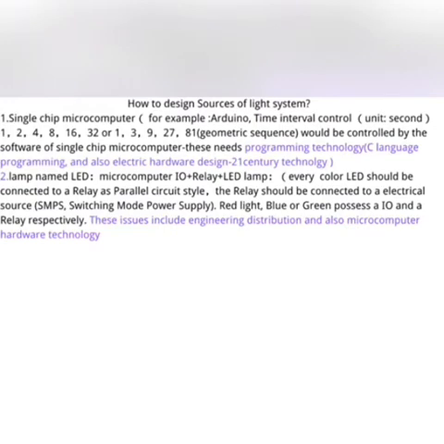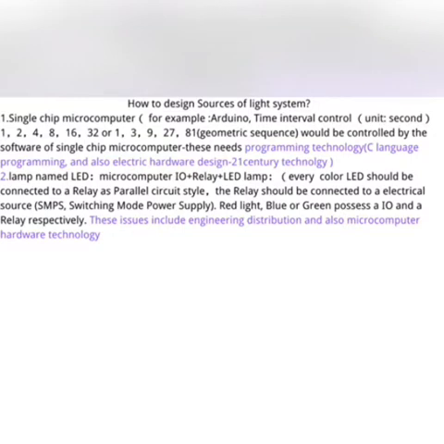What knowledge and technology should be used in this source of light system? First things first, the light off interval. Time interval control may be 1, 2, 4, 8, and so on. That will be a geometric sequence, controlled by the software of the single chip microcomputer.